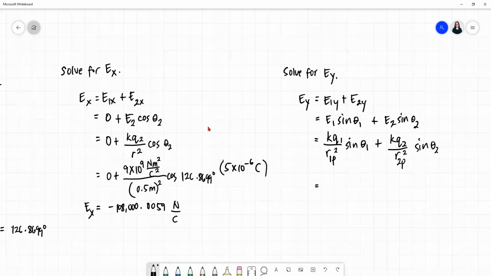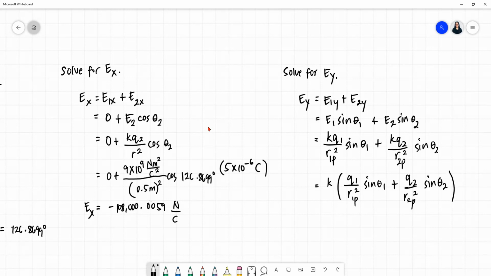So we have a common factor K. Let's just put it once. Q1 over R sub 1P squared sine of theta sub 1 plus Q2 over R2P squared sine of theta sub 2. We plug in the values.